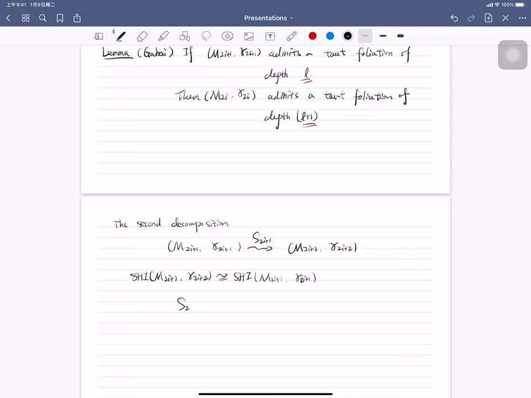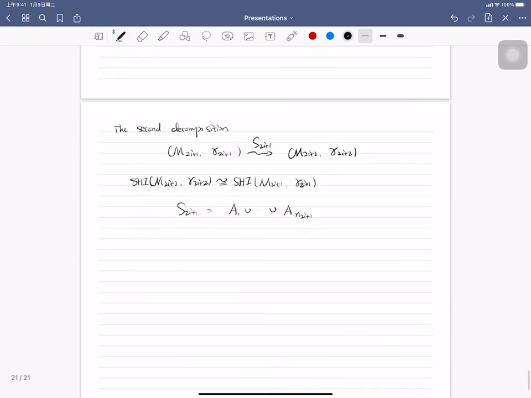But our S_{2i+1} has a very special property: it is a union of annuli, where each A_j is an annulus.